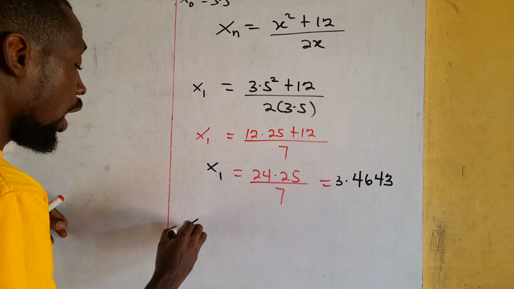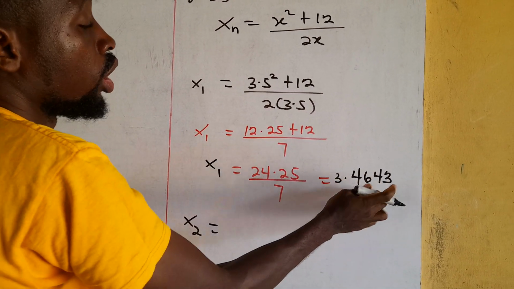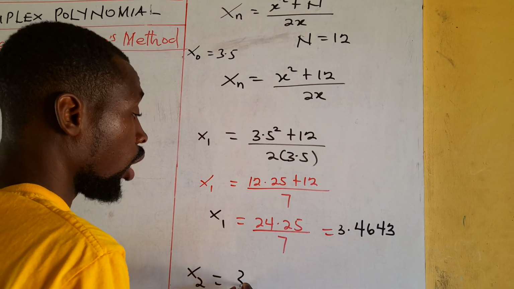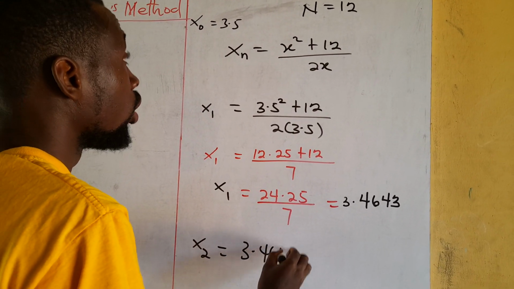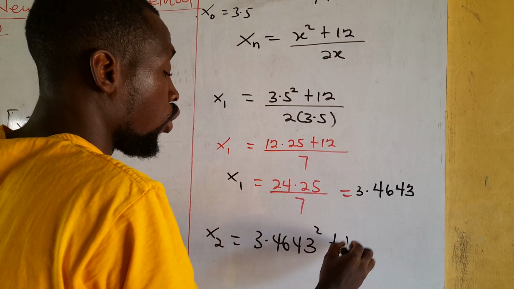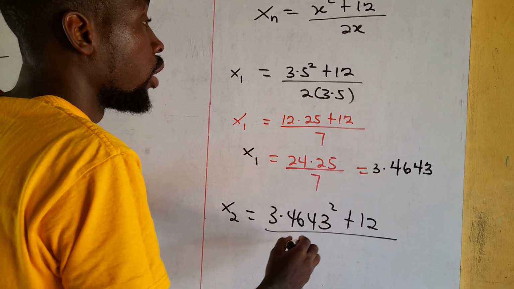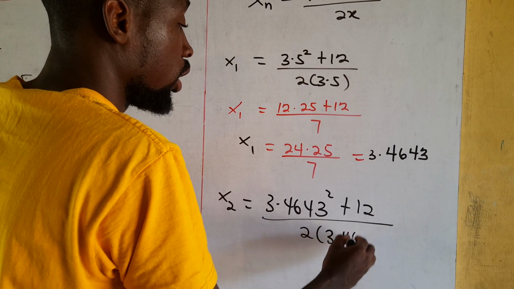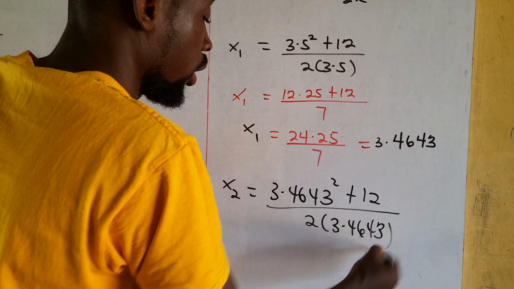So our x2 will be substituting our x1 into our algorithm. So we have 3.4643 squared, then plus 12 all over 2 times 3.4643.